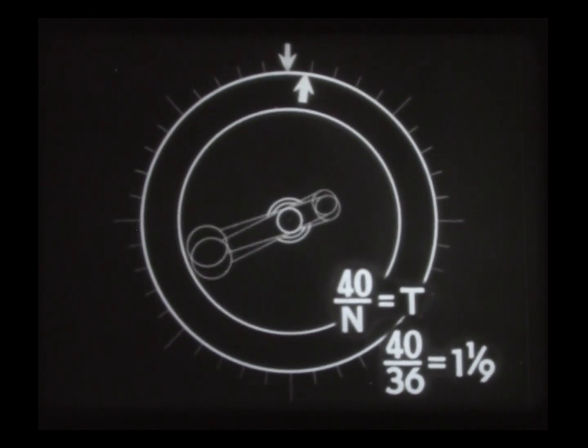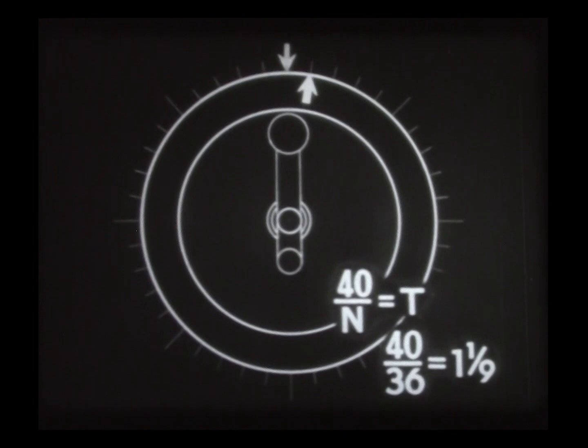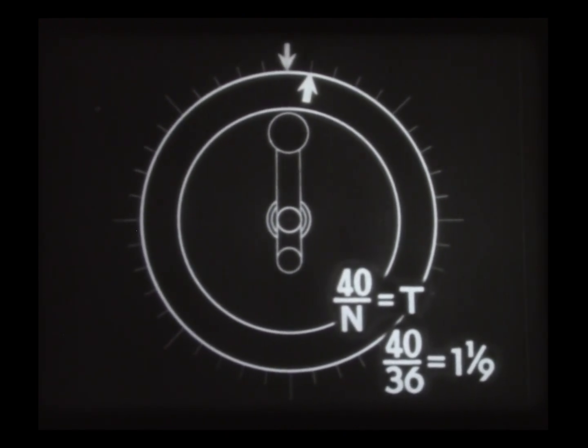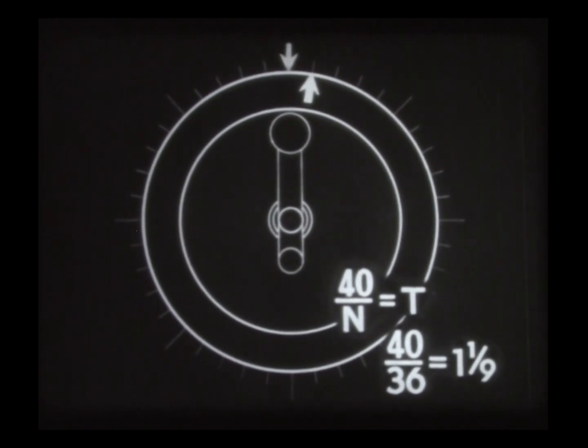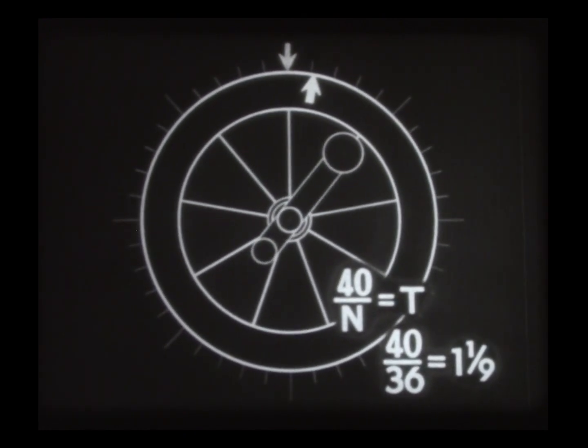After making the 1 full turn, the problem is to make the additional 1/9 of a turn and make it exactly. To do this, it is necessary to divide the plate in back of the handle into 9 equal parts. Turning the handle the distance of one of these divisions provides the additional 1/9 of a turn.